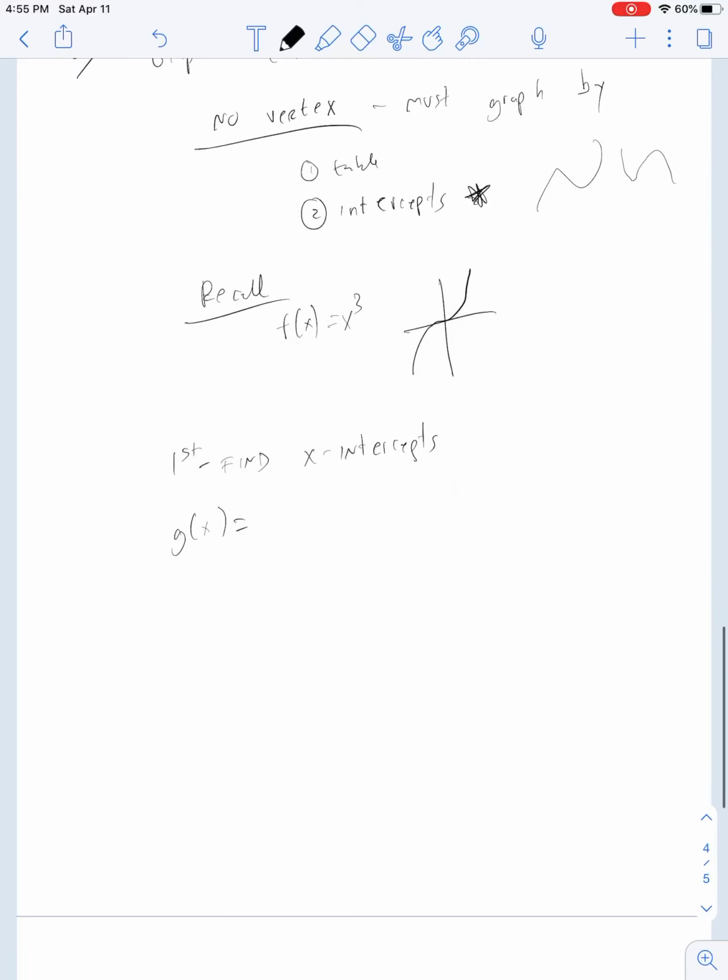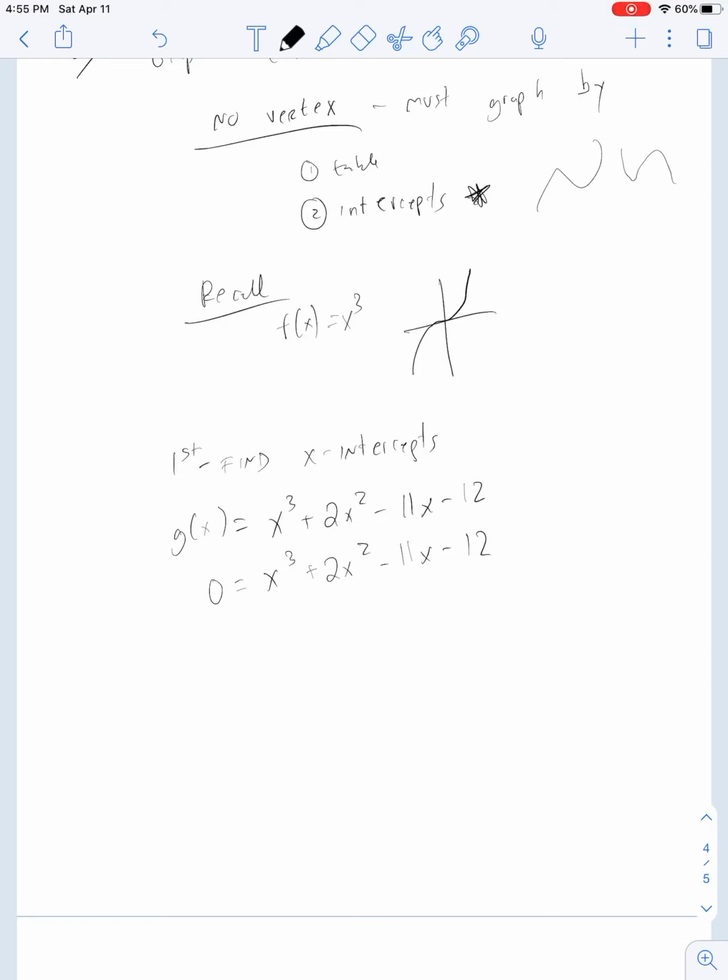Okay, and we have g of x equals x to the third plus 2x squared minus 11x minus 12. Right, so we say 0 equals x to the third plus 2x squared minus 11x minus 12. And what do we do here?